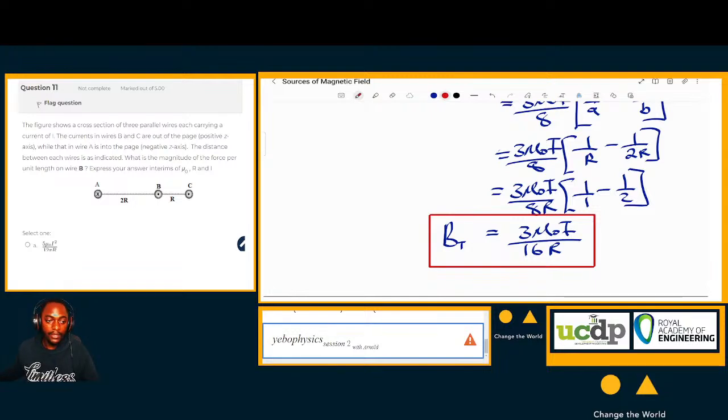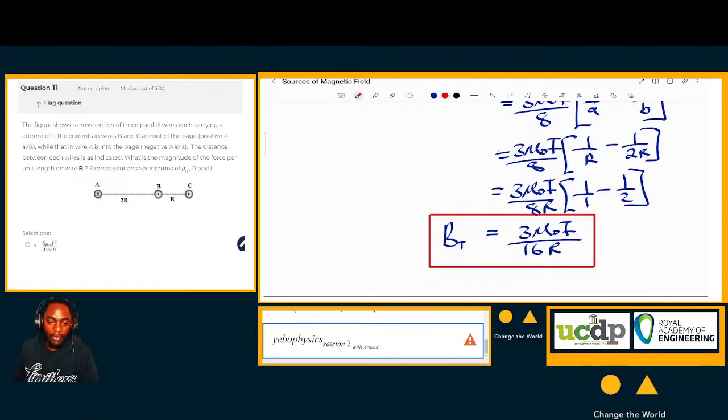Okay, so I'm going to read the question. It says the figure shows a cross section of 3 parallel wires carrying a current of I. The currents in wires B and C are out of the page, as you can see. B and C are represented by dots there, which means they are out of the page, right?